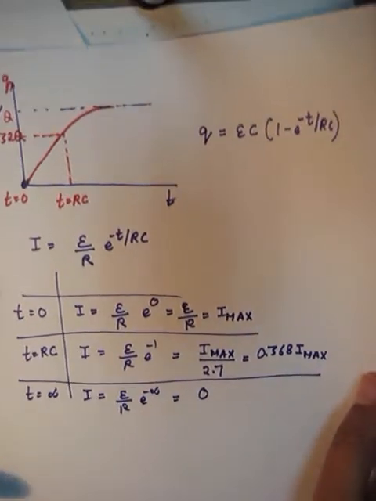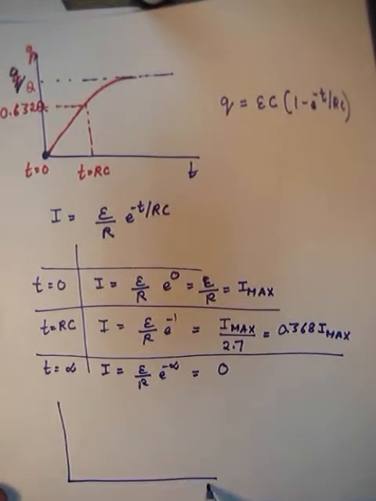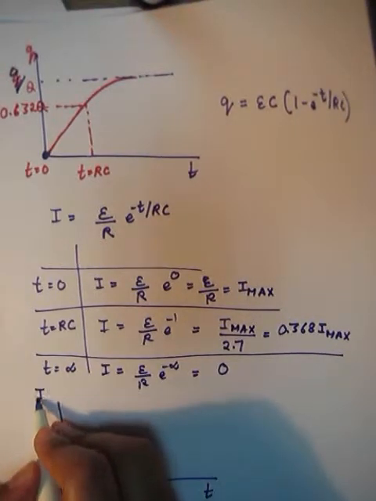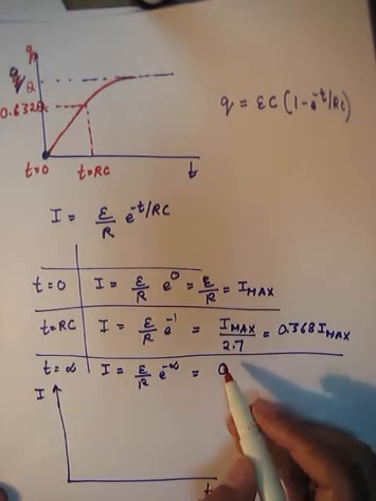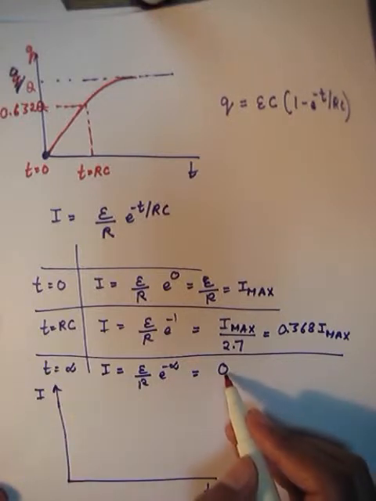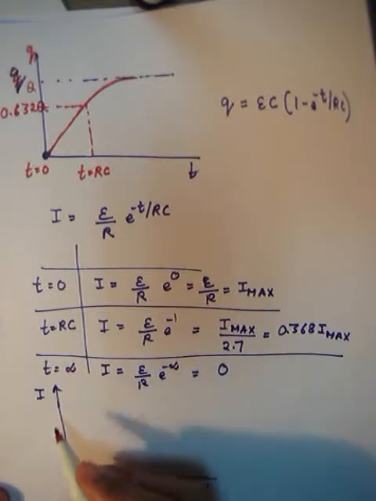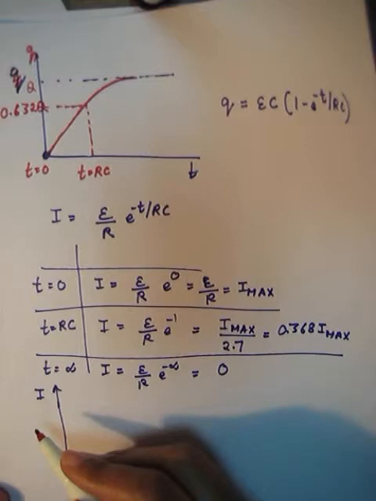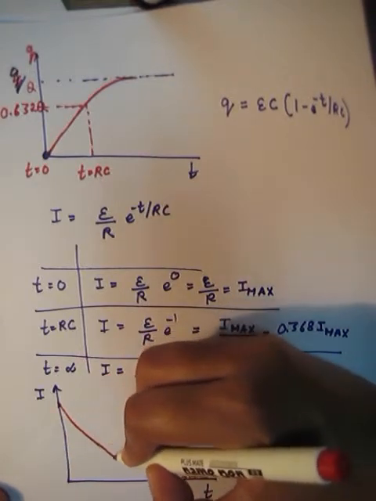Okay, so now if I have to plot current versus time, then at infinite time the current will be 0, so it will be somewhere here. And at time 0 it is some maximum value, so it will behave something like this.